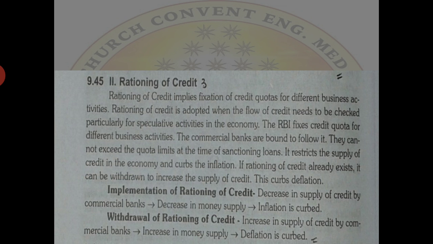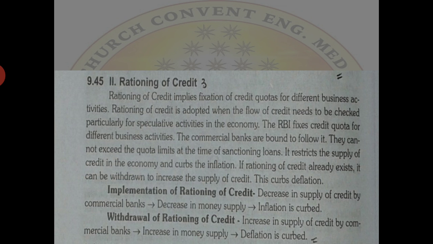And the third weapon is rationing of credit. Rationing is a word which is directly related to quota, credit quota for different business activities. It is implemented by RBI, through the guidelines of RBI to commercial banks, when the flow of credit needs to be checked, particularly for speculative activities in the economy.